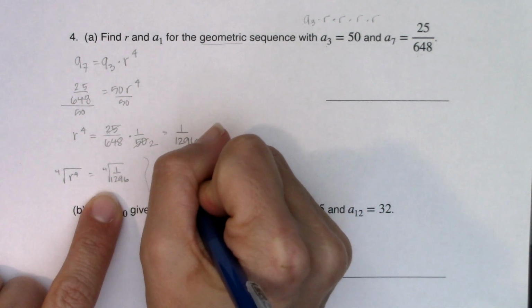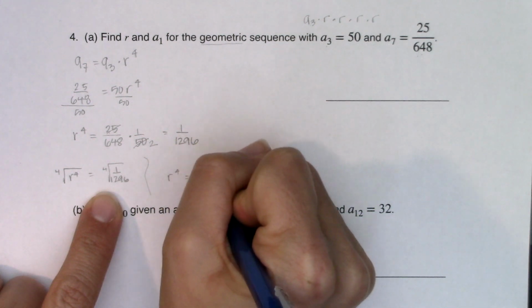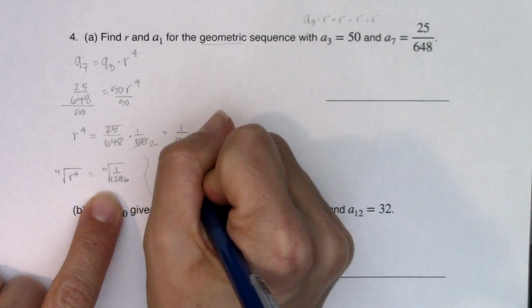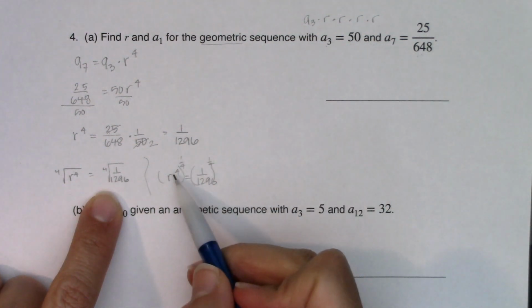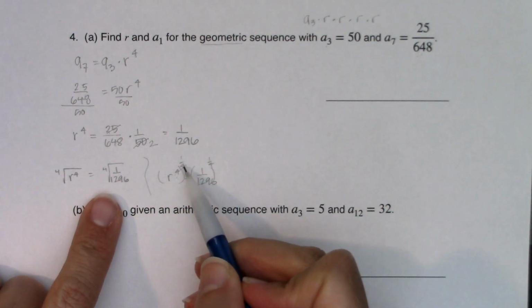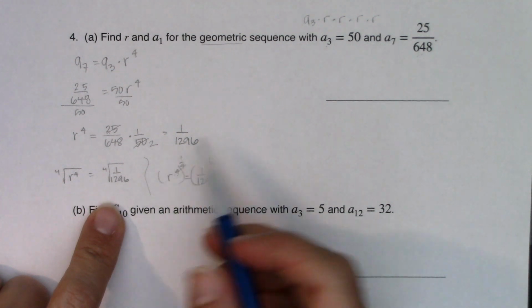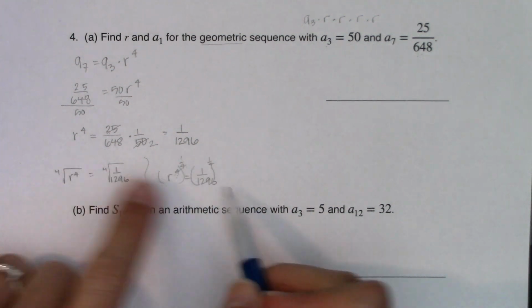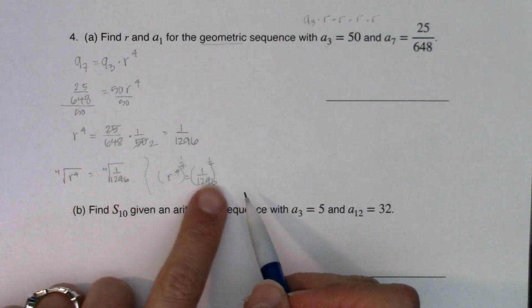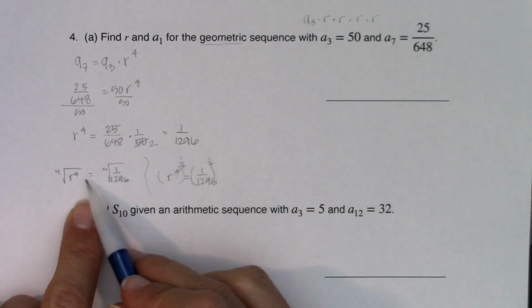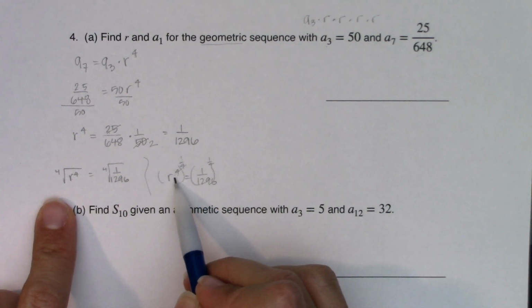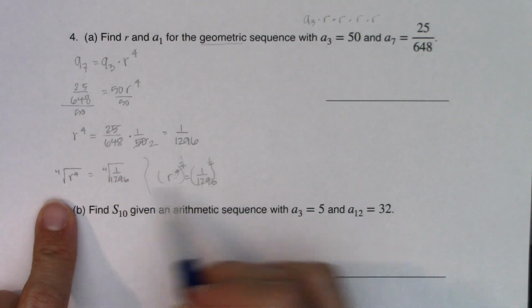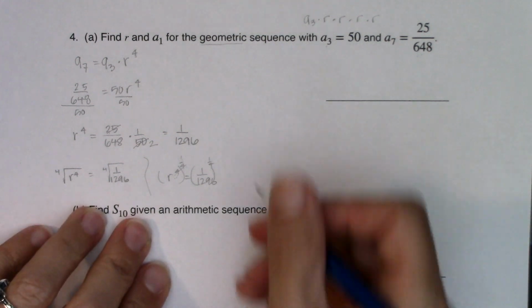They're going to say, if I have R to the 4th equaling 1 over 1296, I'm going to raise both sides to the 1/4 power, because I would multiply exponents here. 4 times a 4th is 1, and so those would cancel out. Again, these are the same type of situation. Essentially we're solving for R. One's just using the radical form, one's using the rational exponent form. So whatever works best for your brain, go for it.